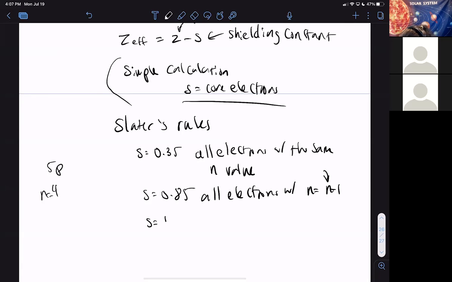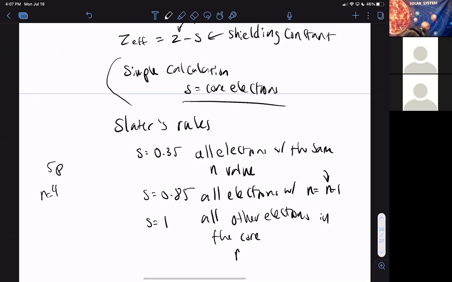And then S equals 1 for all other electrons in the core.